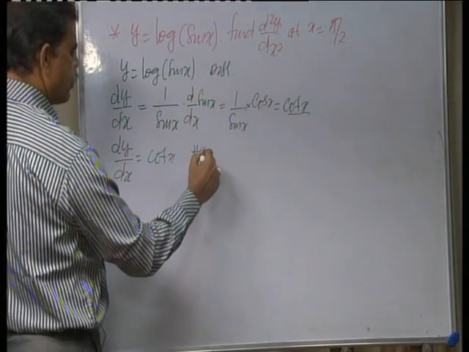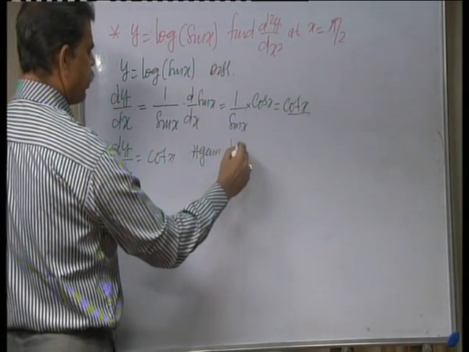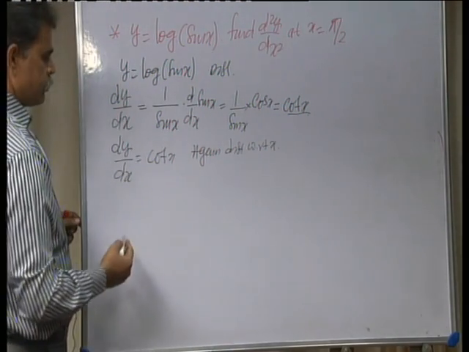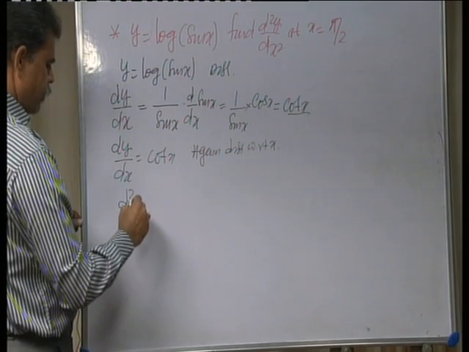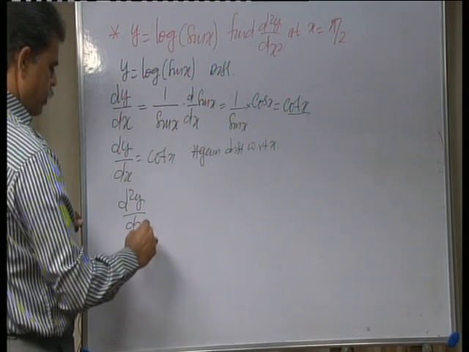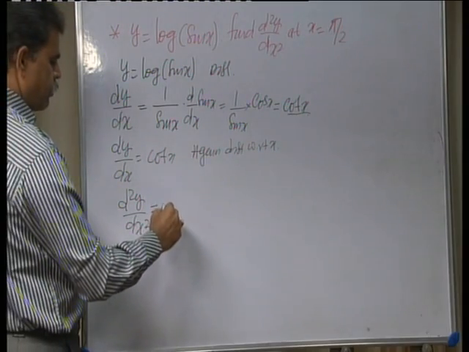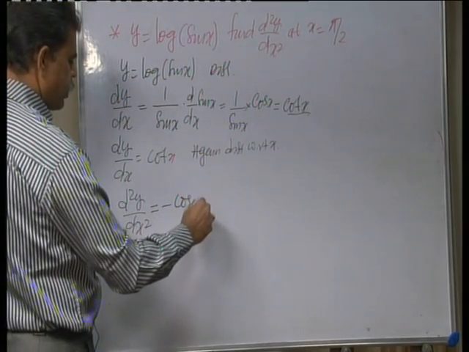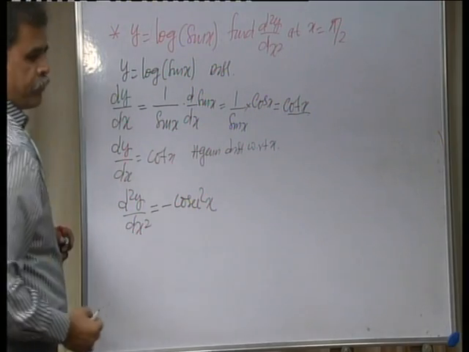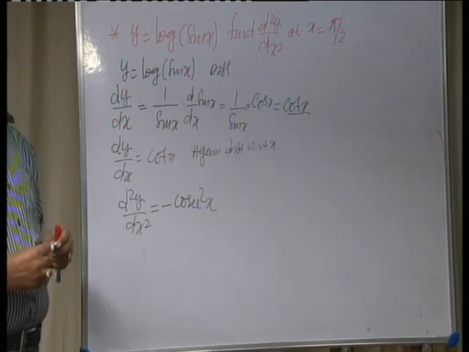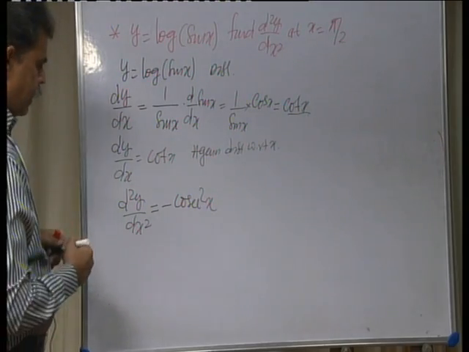Again differentiate with respect to x. We get d square y by dx square equal to differentiation of cot x, which is minus cosecant square x.